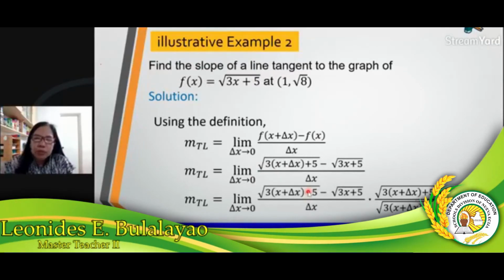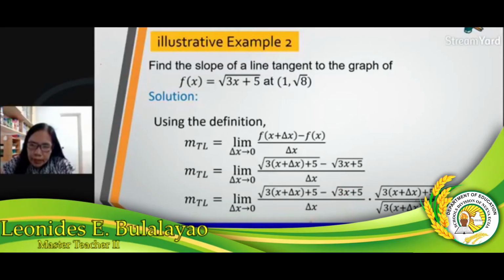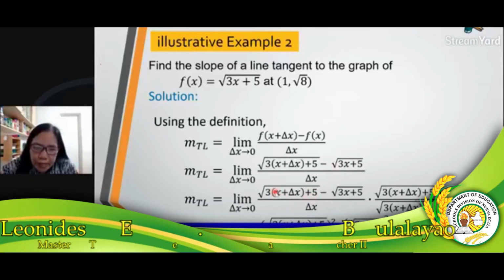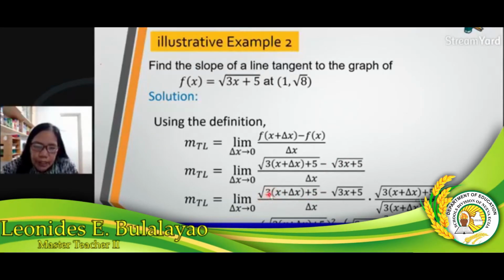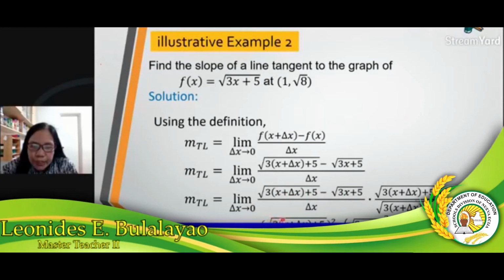Then we have to rationalize the numerator by multiplying by its conjugate, as well as the denominator. So we have the square root of 3 quantity x plus delta x plus 5, and this is minus, and this is plus. So we now have the square root of 3 times x plus delta x plus 5, squared.